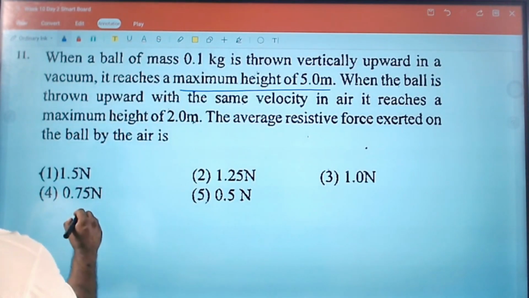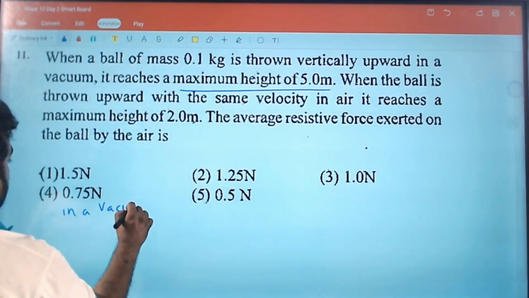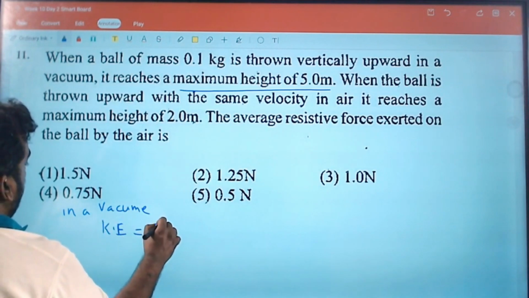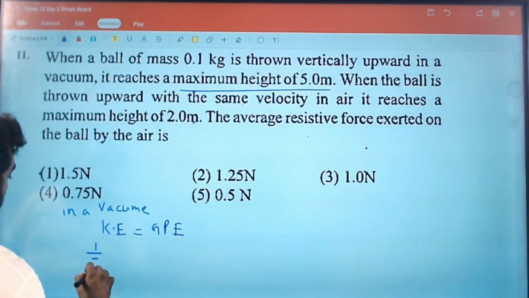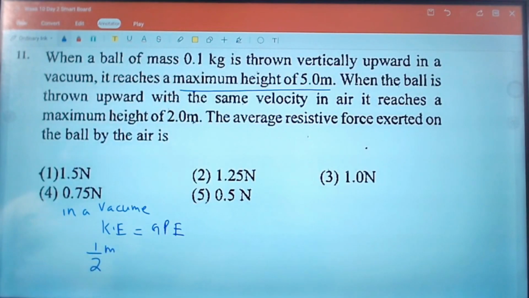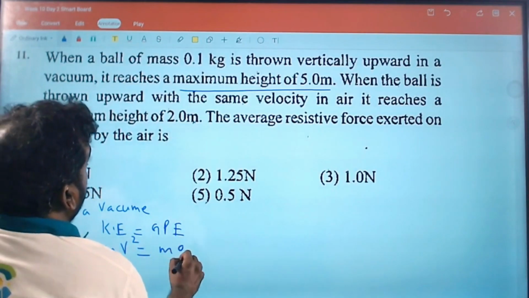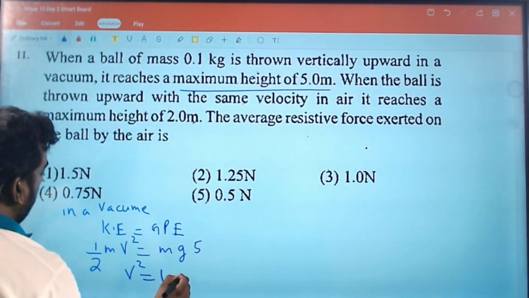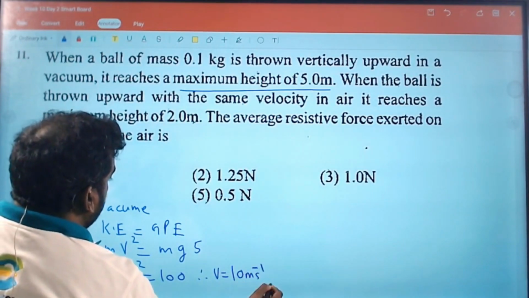Average resistive force. So in a vacuum, apply: kinetic energy equals gain in gravitational potential energy. Half mass into velocity squared equals mg, height is 5. 5 cancel off. V squared equals 100. V equals 10 meters per second.